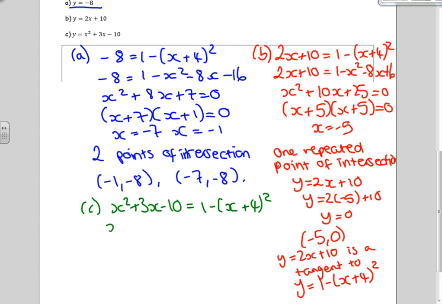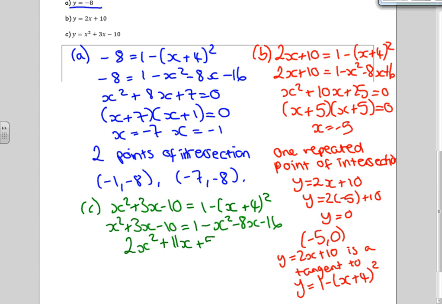So that means that x squared plus 3x minus 10 is equal to 1 minus x squared minus 8x minus 16. Taking everything over to one side will give me 2x squared plus 11x plus 5 equals 0.